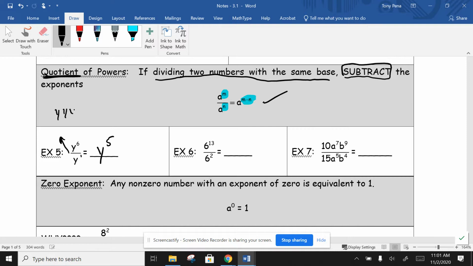If I have 6 y's in my numerator, all multiplied together, and I only have 1 in my denominator, wouldn't the y in the denominator cancel out one of the y's in the numerator, leaving me still with 5 y's left over? So that's why it's really just us subtracting. The exponents in the numerator minus the exponents in our denominator. All right? So with that, try number 6.